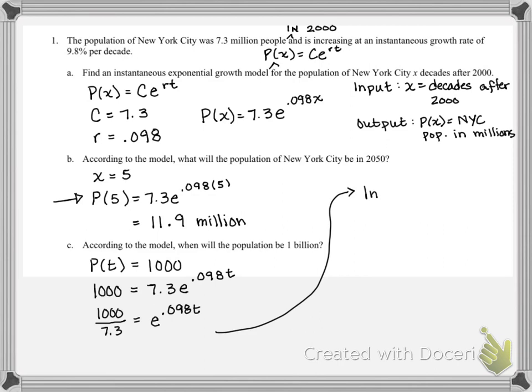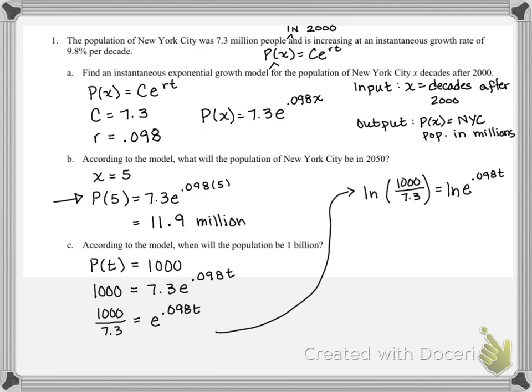So we have the natural log of 1,000 over 7.3 equals the natural log of e to the 0.098 t. And remember that the natural log of x and e to the x are inverses of each other. So this is one of the reasons we use natural log to solve exponential equations, because it works out really nicely when our base is e. These guys just undo each other.